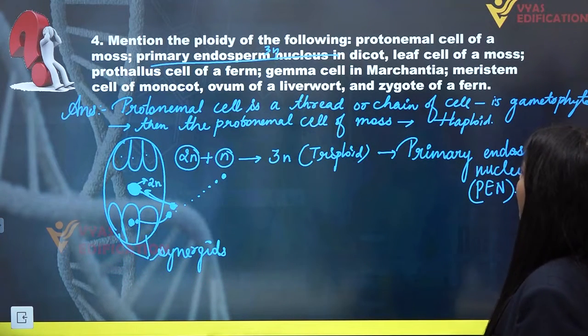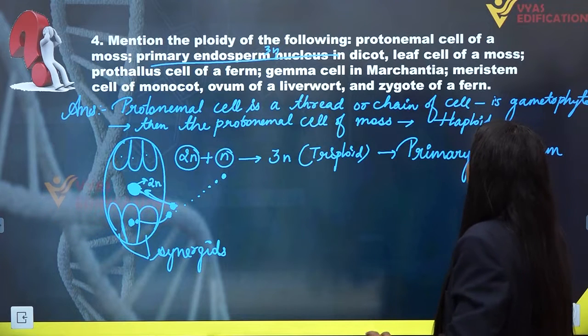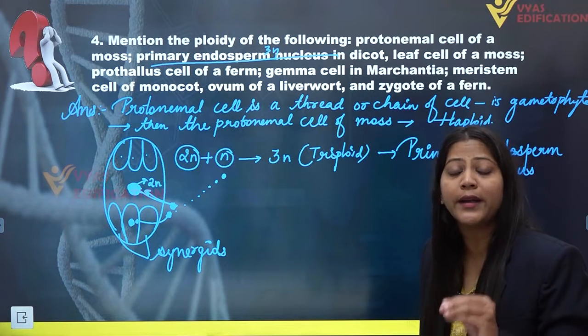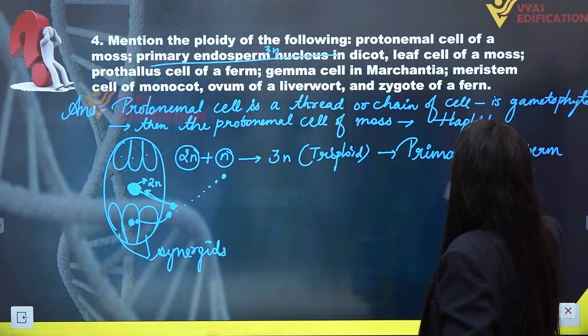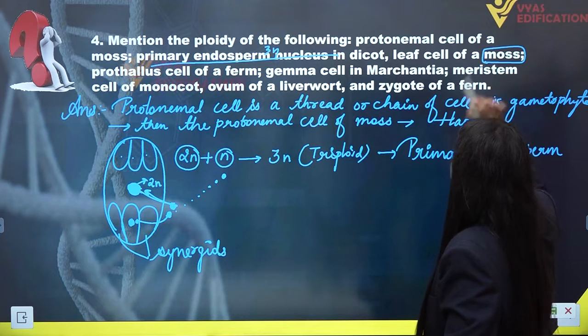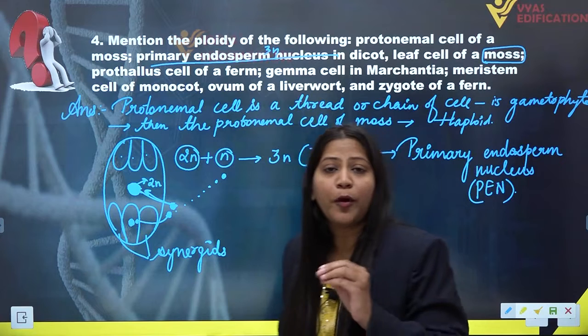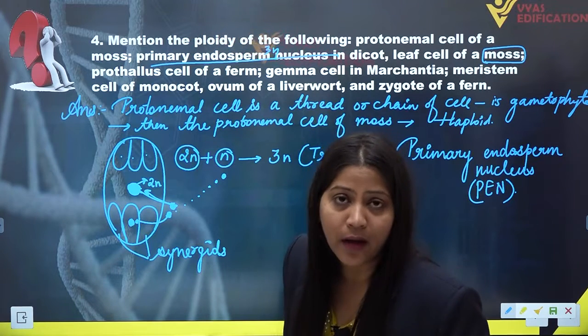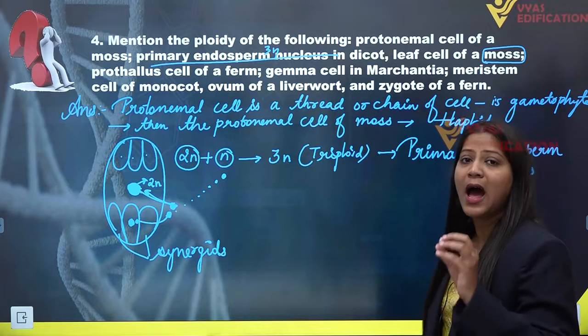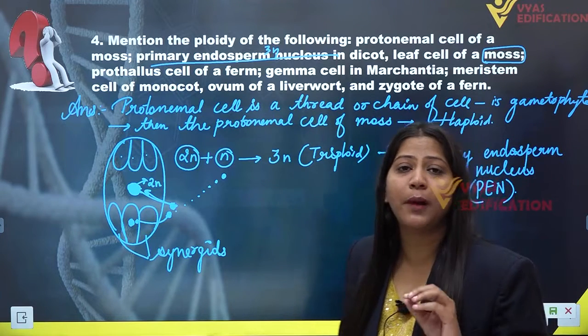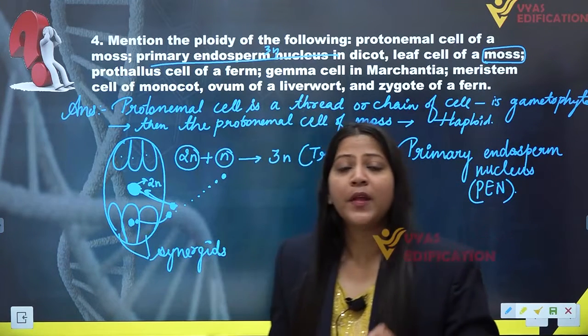Now, next is the leaf cell of a moss. We have to find the ploidy level of a leaf of a moss. As we know, moss is a group of plants under the bryophyte phylum, and moss has a dominant phase or dominant plant body as the gametophyte.